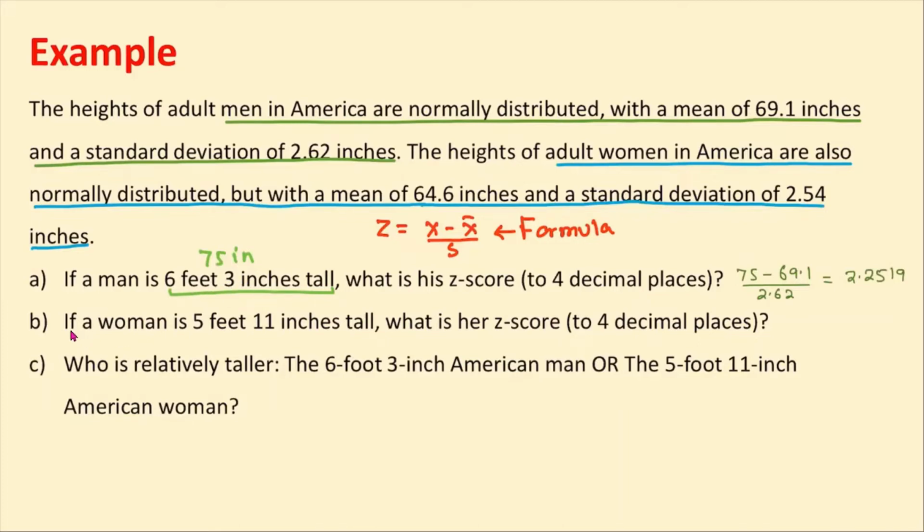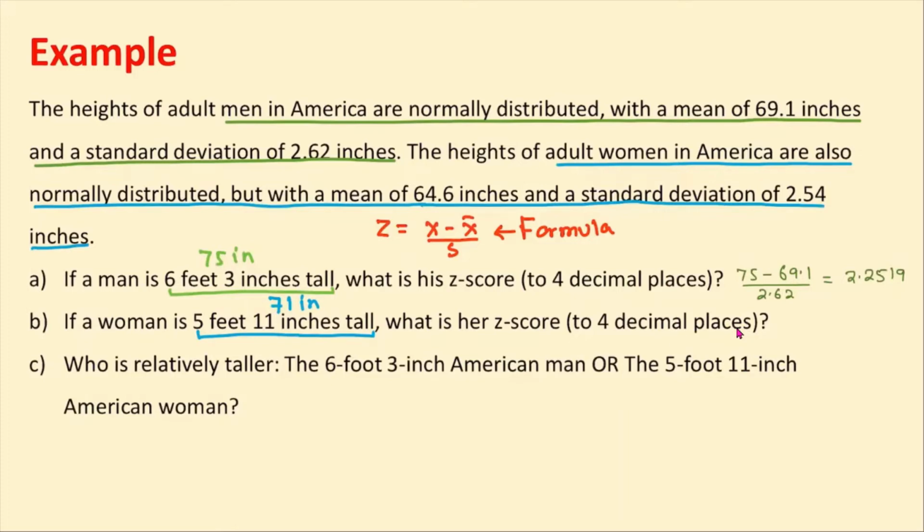Now in part B, we are asked, if a woman whose height is 5 feet 11 inches tall, 5 times 12 is 60, 60 plus 11 is 71. So this is 71 inches tall. What is the z-score? We have to find the z-score to 4 decimal places again.